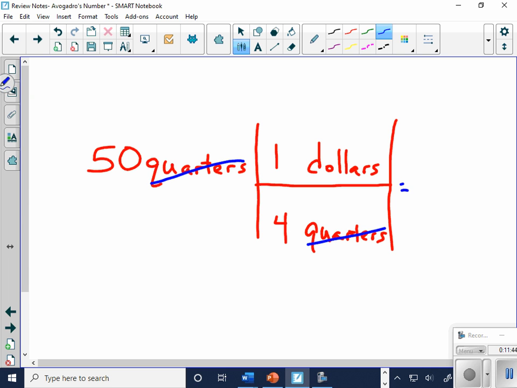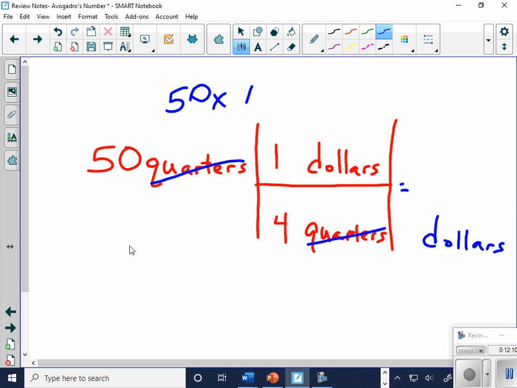So my new label is going to be dollars. So, what I'm going to do is I am going to take 50 times it by 1. Now, people actually do this in their calculator. Do you need to do that step? What's 50 times 1? 50. You don't need to do that step. And then I'm going to divide it by 4.